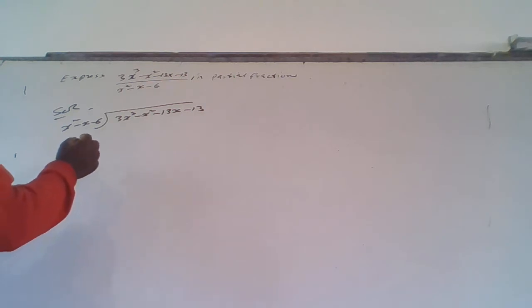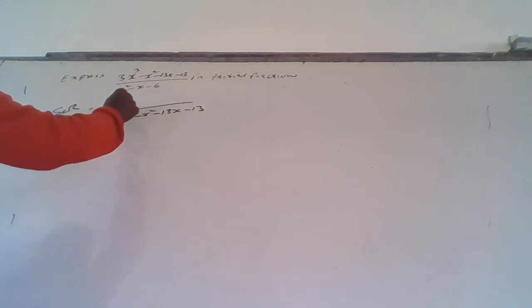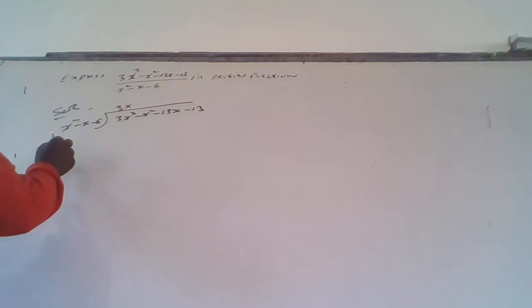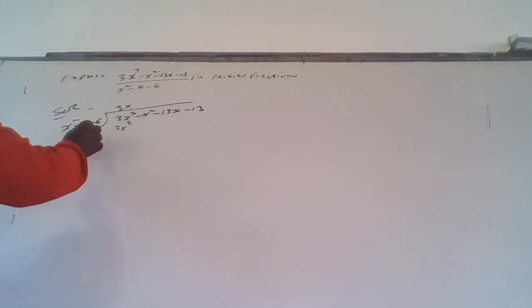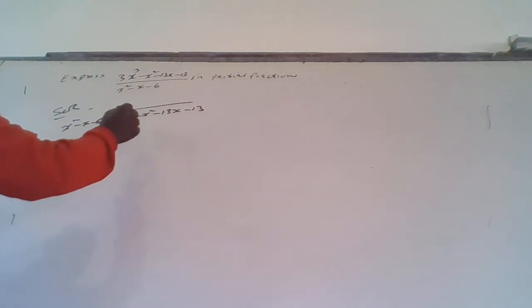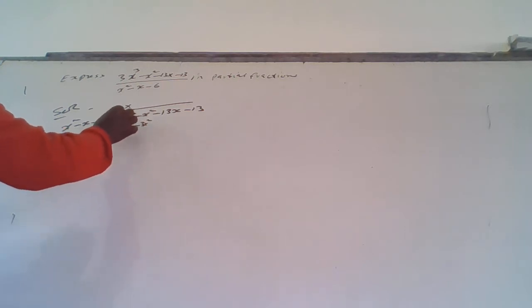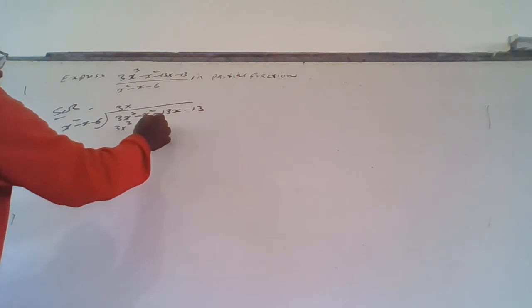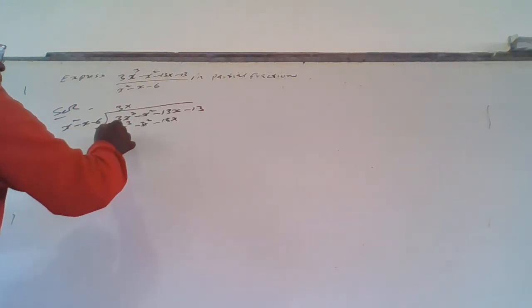It goes 3x. 3x times x squared, we get 3x cubed. 3x times negative x, we get negative 3x squared. 3x times negative 6, we get negative 18x.